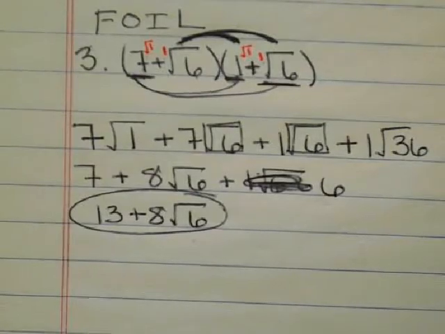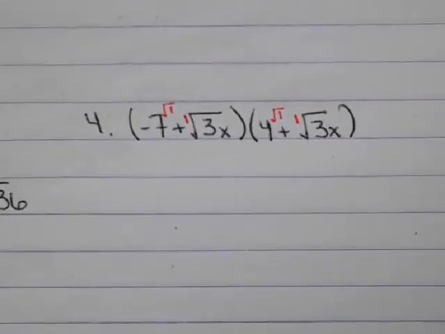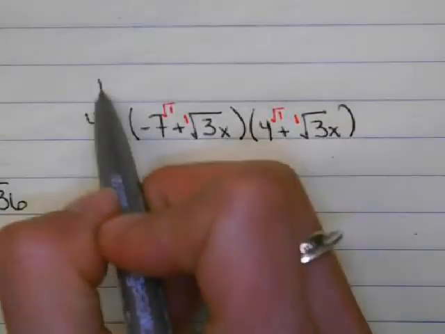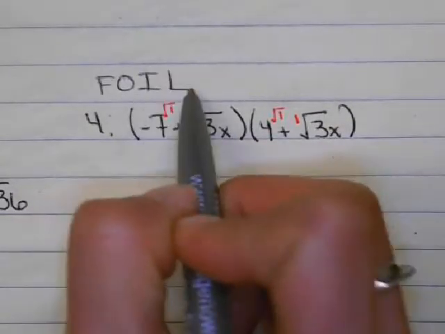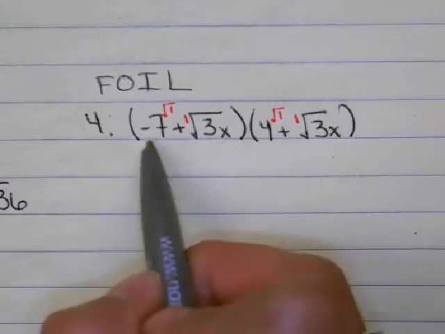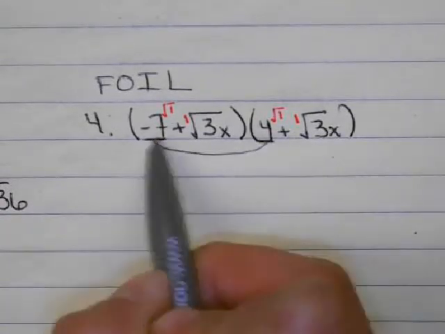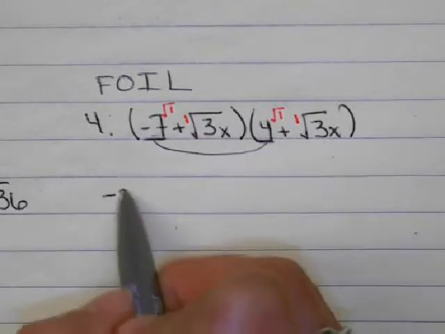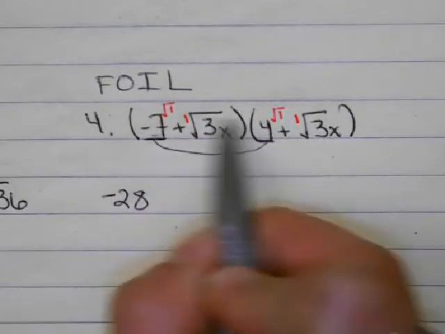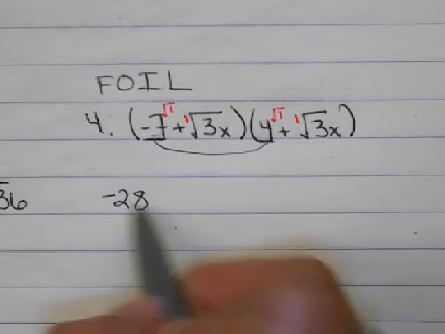We'll do one last one. Number 4 here. Again, I'm going to have to use the FOIL method, binomial distribution. I'm going to take this first term times this term here. Negative 7 times 4 is negative 28, and then radical 1 times radical 1 is radical 1.